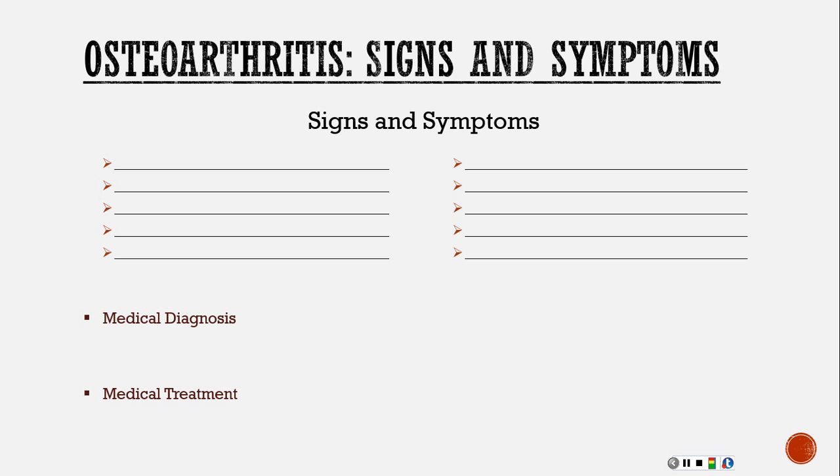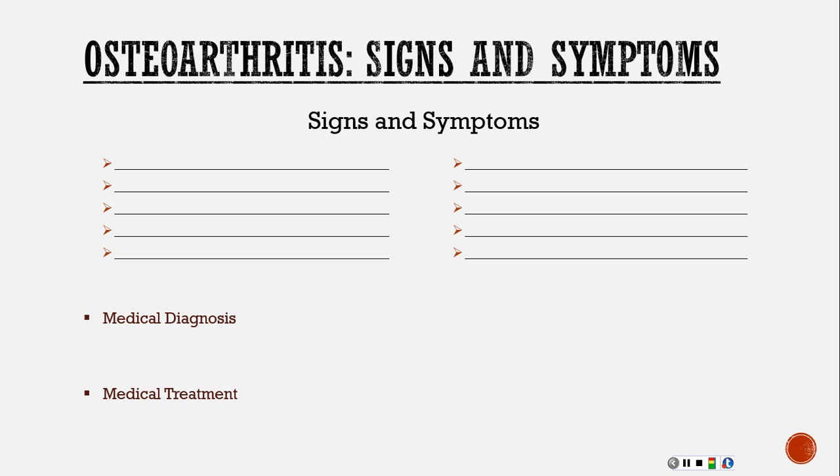So if I have a problem with my knee, I'm going to have enlargement of the joint in my knee, not necessarily everywhere else. You can develop osteoarthritis in different joints, but it's not a bilateral thing every time. There are going to be different degrees of damage and different degrees of problems.